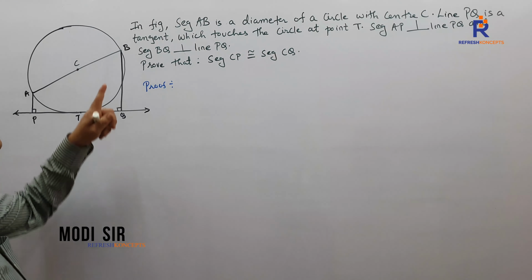In triangle CTP and triangle CTQ, can I say angle CTP congruent to angle CTQ? Why? Each is 90. Can I say CT congruent to CT, common side? Can I say PT congruent to TQ? Just now we proved. Therefore, the two triangles are congruent by SAS test.